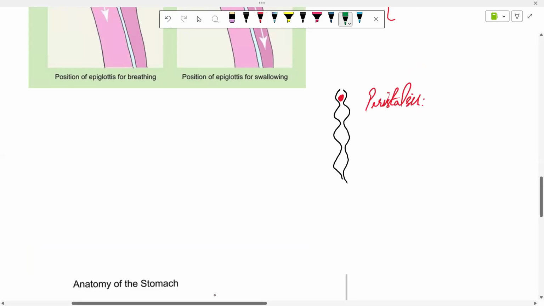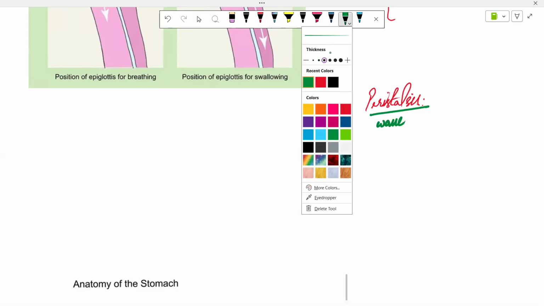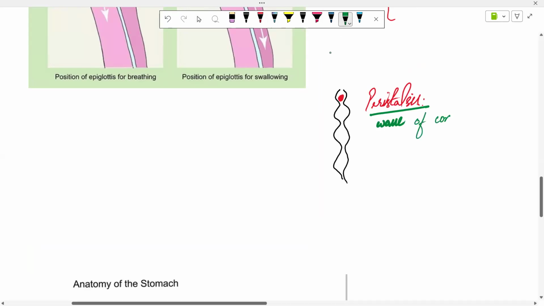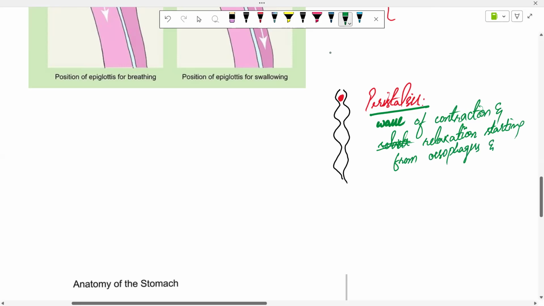Peristalsis is the wave of contraction and relaxation starting from the esophagus and ending at the anus along the digestive tract.